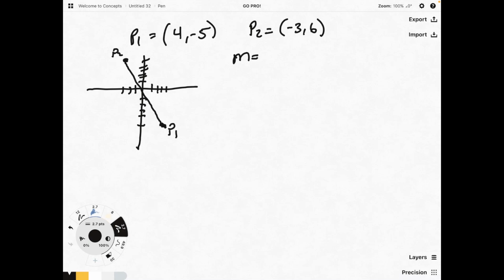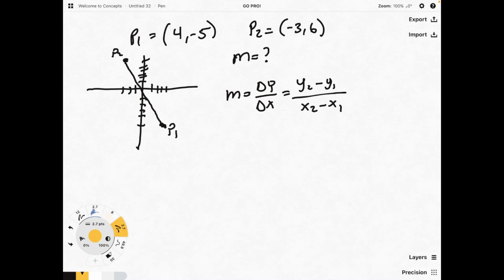And again, slope is denoted m. So with slope, we get the change in y over the change in x, which is equal to y2 minus y1 over x2 minus x1. I do want to note that if this was just P and this was P, and not P1 or P2, it doesn't matter which one you select as point 1 or point 2, as long as it stays consistent through the whole problem.